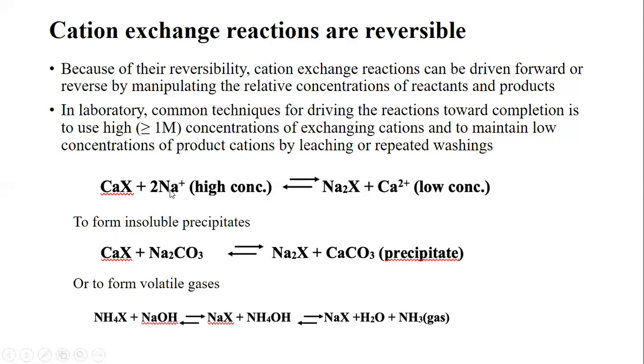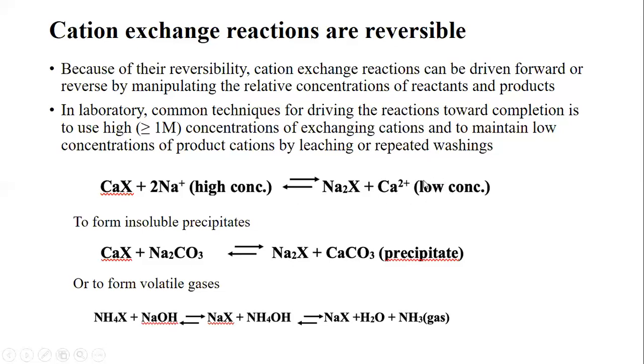So the sodium will take the place of calcium. Of course, you need 2 sodiums, each one of them monovalent, to take the place of a divalent. Plus calcium, you need to keep this calcium that came out low. If this keeps high concentration, of course, it will push the reaction that way.